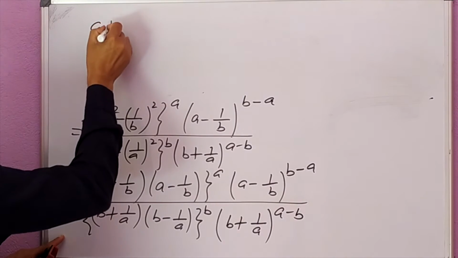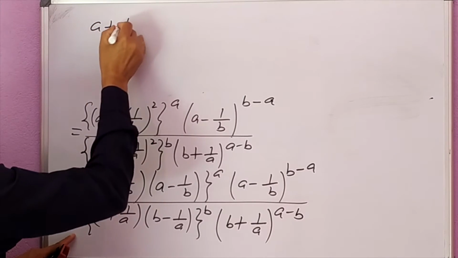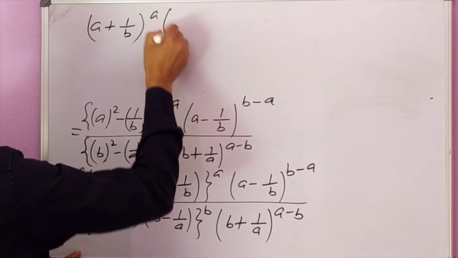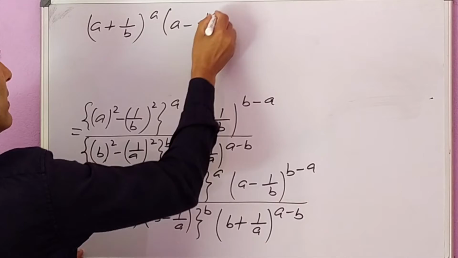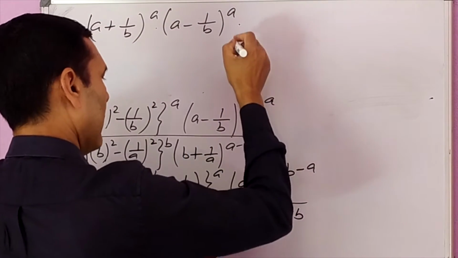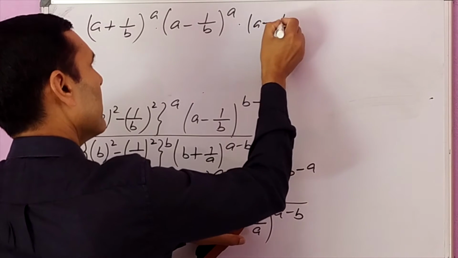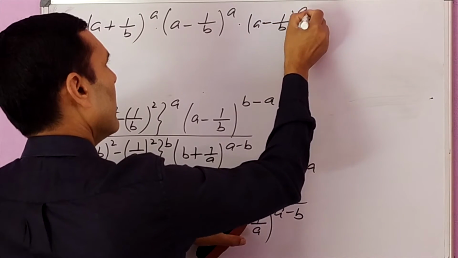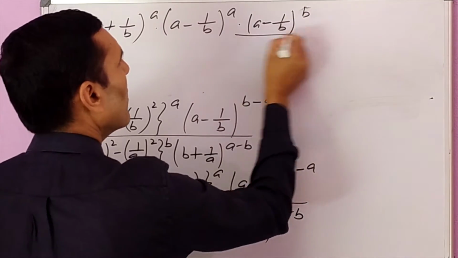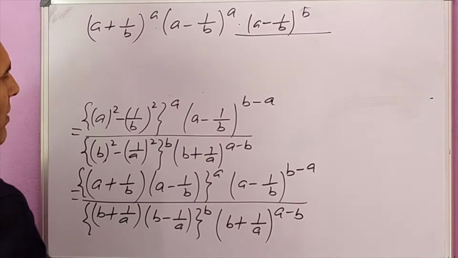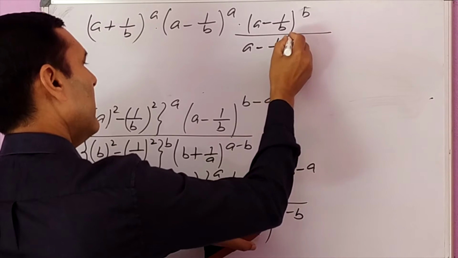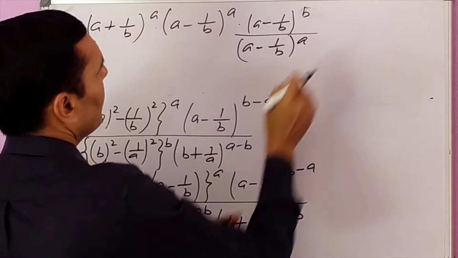That is (a plus 1 upon b) to the power a, and (a minus 1 upon b) to the power a, and this can be written as (a minus 1 upon b) to the power b whole upon (a minus 1 upon b) to the power a.